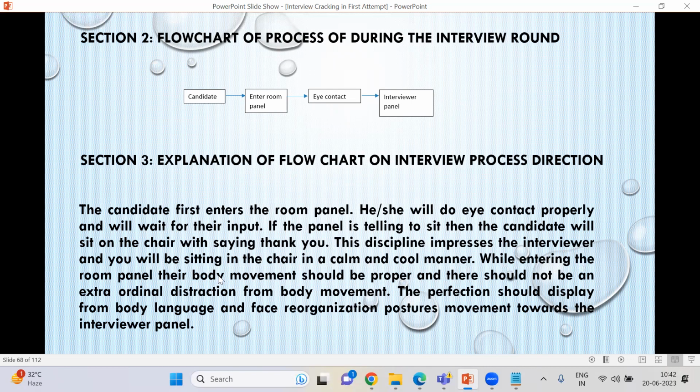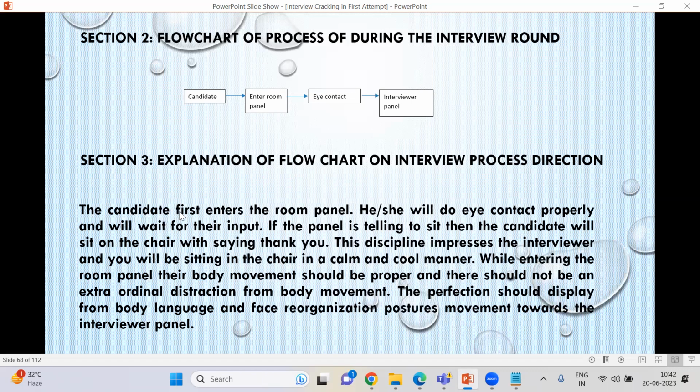While entering the room, their body movement should be proper and there should not be extra distractions from the body movement. The perfection should display from body language, face recognition, postures, and movement towards the interview panel.